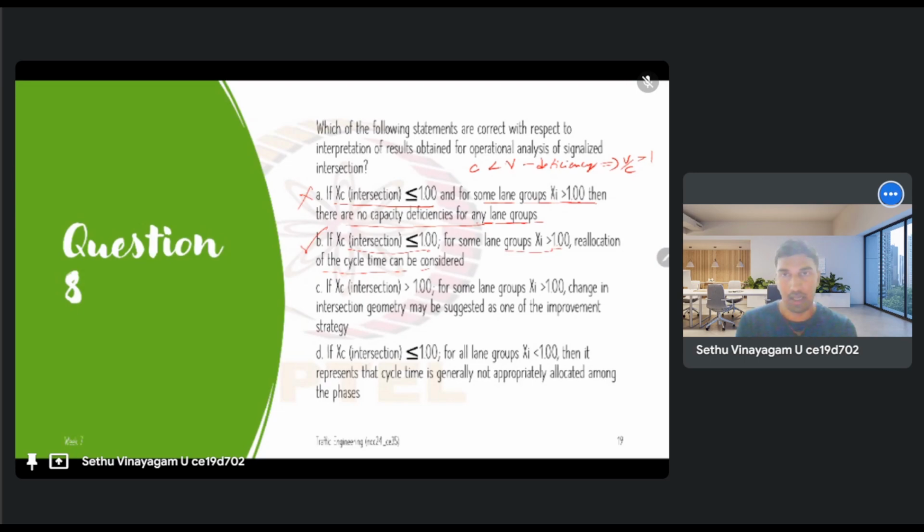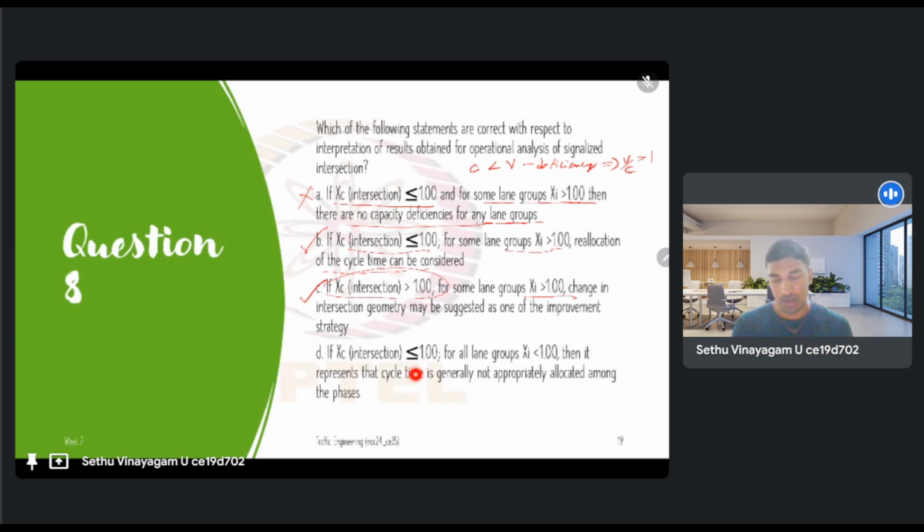So B is correct option. And C says if Xc is greater than 1 and some lane group also has Xi greater than 1, change in intersection geometry may be suggested as one of the improvement strategies. Okay, so this is also correct. So here the lane group is also having capacity deficiency, and the intersection as a whole is also having some capacity deficiency.